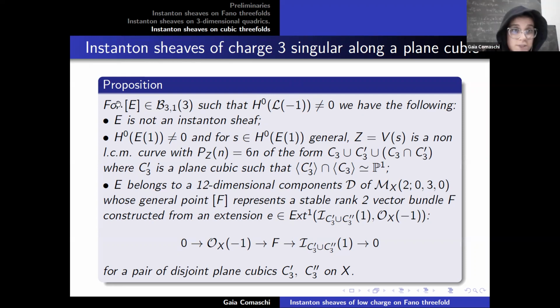So sheaves in this codimension 1 family are not instanton, and the curves that we associate to these sheaves, that are the zero locus of the section of the twist, this time are still curves of degree 6 and arithmetic genus 1, but will not be locally Cohen-Macaulay.